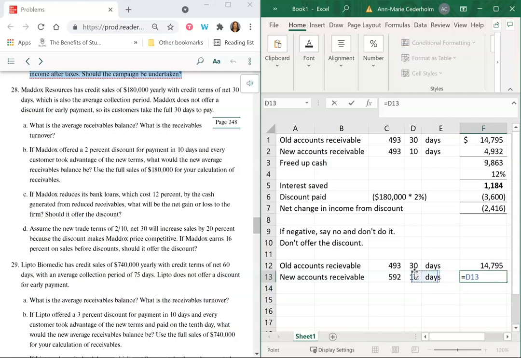So if I take 592 times 10, that gives me a new accounts receivable of 5,918. If I subtract the new from the old, that gives me freed up cash now of 8,877.